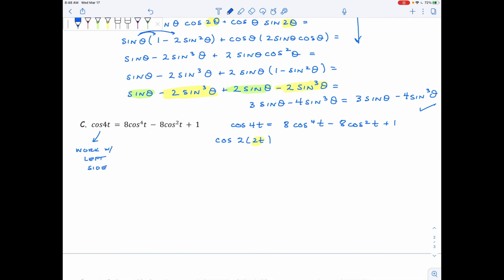So I would write this, and I'm going to choose, because I'm dealing with all of these cosines over here, I'm going to pick the version of the double angle formula for cosine that has the cosines in it. I'm not going to have any sines in mine, because I don't think I'm going to need those. So I would write this would be 2 cosine squared 2t minus 1.